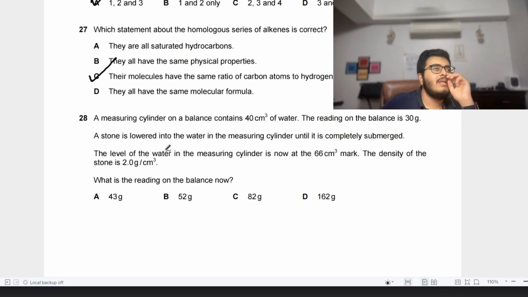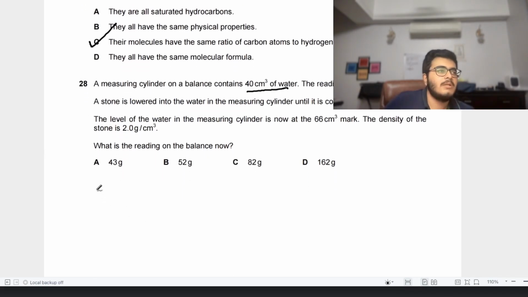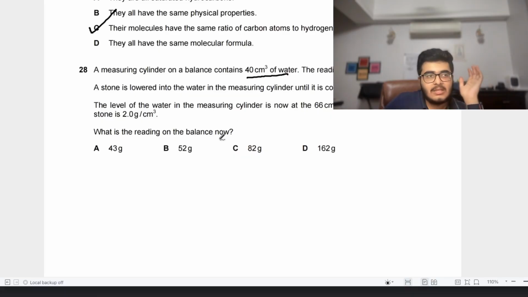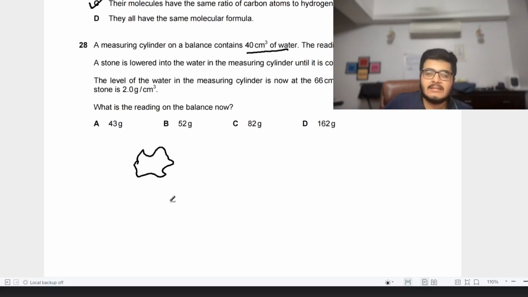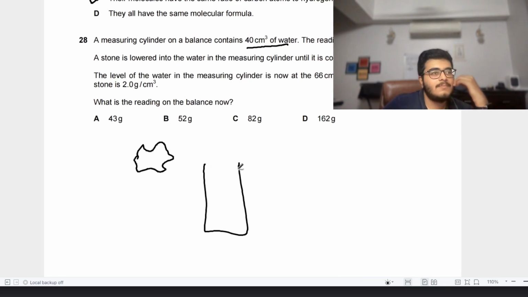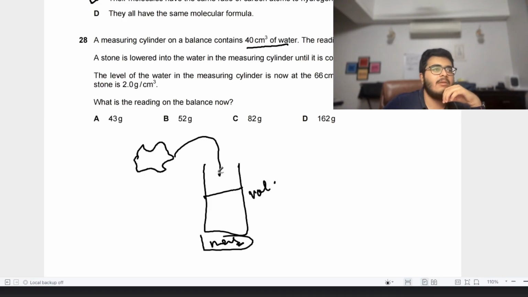Moving on to question number 28. A measuring cylinder on the balance contains 40 centimeter cube of water. Before we read the question, let me explain what is happening here. We have an irregular object and we need to find its density. First, we take some water, measure its mass, and measure the volume of the water. Then we dip the irregular object into the water, which displaces water, so the water level will rise.